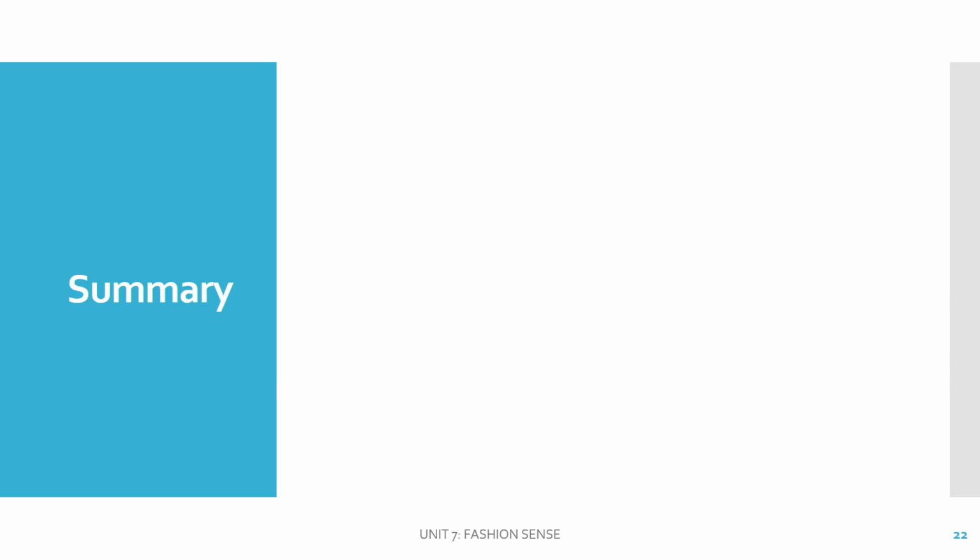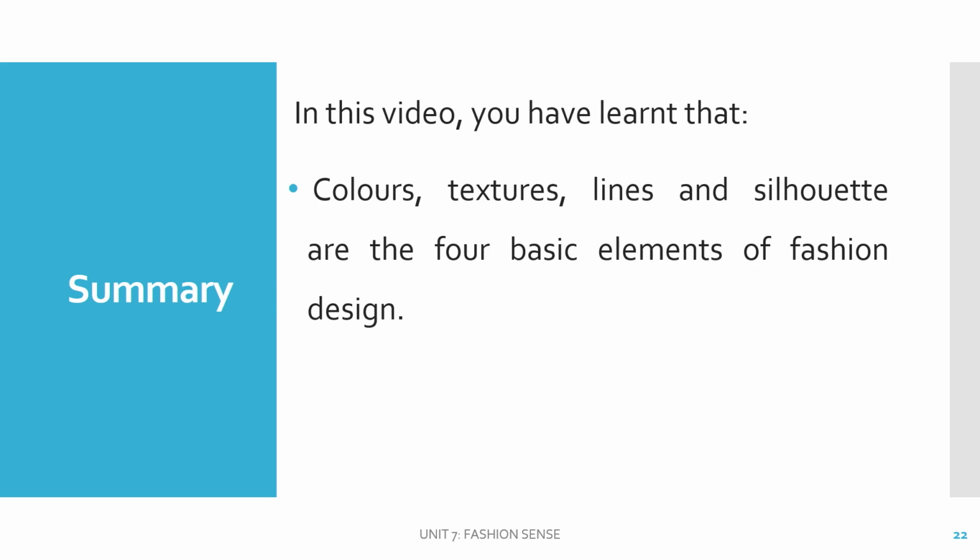Now let us summarize what we have seen in this lesson. So in this video, you have learned that colors, textures, lines, and silhouette are the 4 basic elements of fashion design. Lines can be structural or decorative.